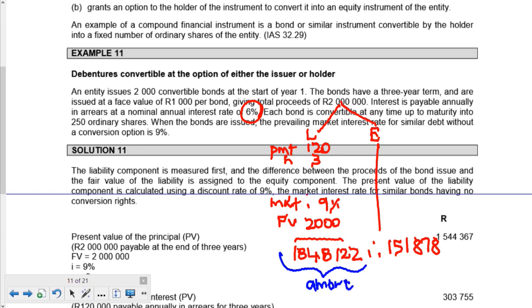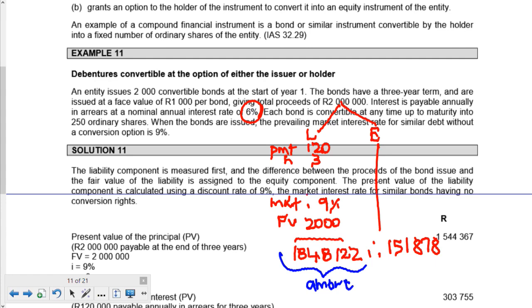It's exactly the same thing we did just now with that bond. Look, I have a liability that I'm going to recognize when I issue the 2 million debentures. I'm going to say, debit bank 2 million, because they're going to pay me 2 million. And I'm going to say, credit liability component 1,848,122. And I'm going to say, credit equity component 151,878. On the liability component, it needs to grow.